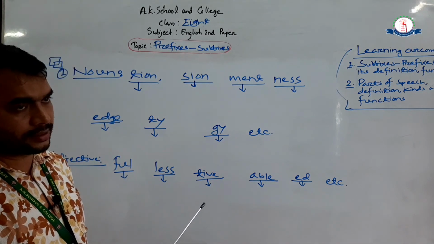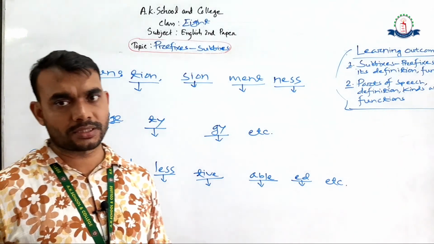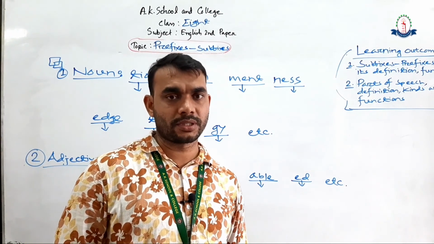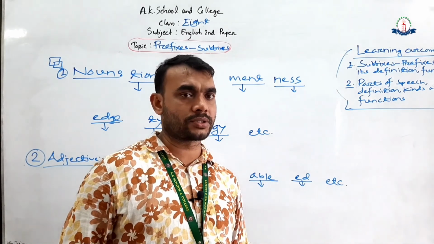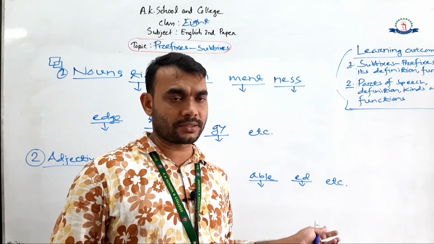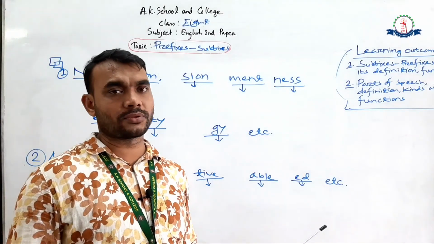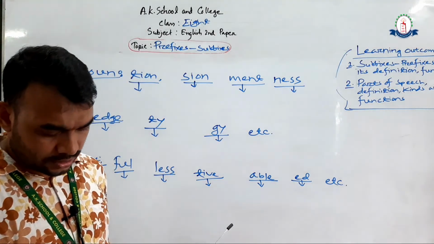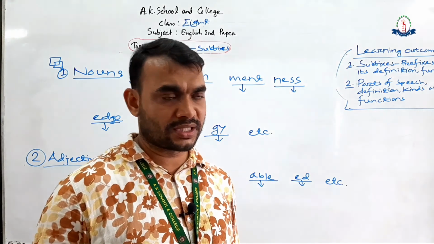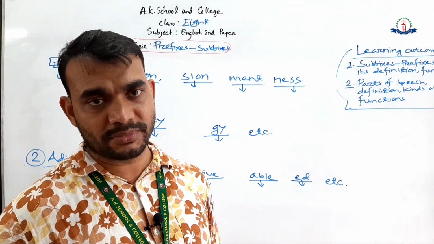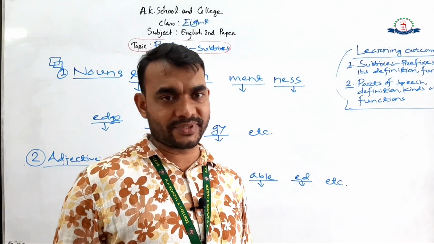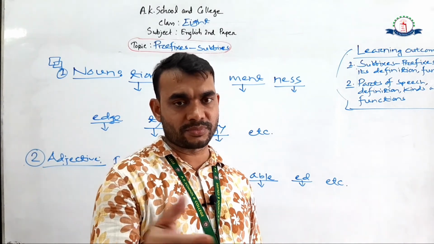Now I will discuss the parts of speech. You already know that I have taken only 4 parts of speech here. One is noun, the other is adjective, the third one is verb, and the fourth one is adverb. So generally we know that the noun is the name of anything, but in terms of prefix and suffixes, it's totally different from that definition.